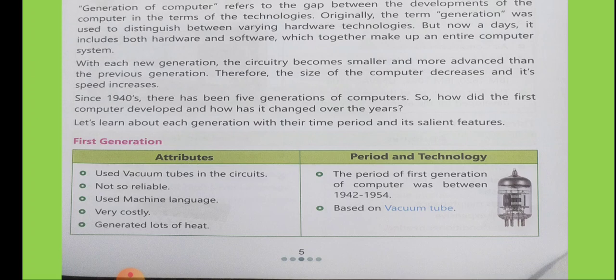Portable means we cannot carry them from one place to another.